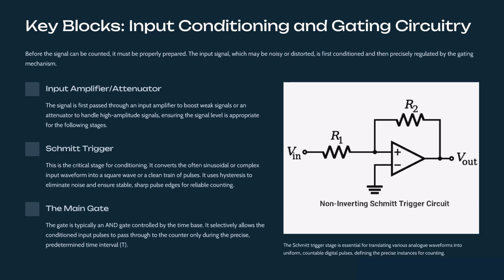The main gate is typically an AND gate, controlled by the time base. It selectively allows the conditioned input pulses to pass through to the counter only during the precise predetermined time interval, which is denoted as T.